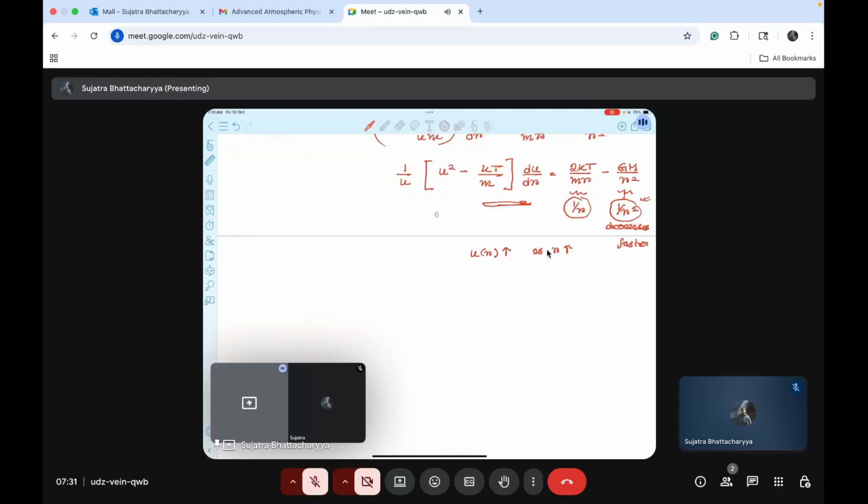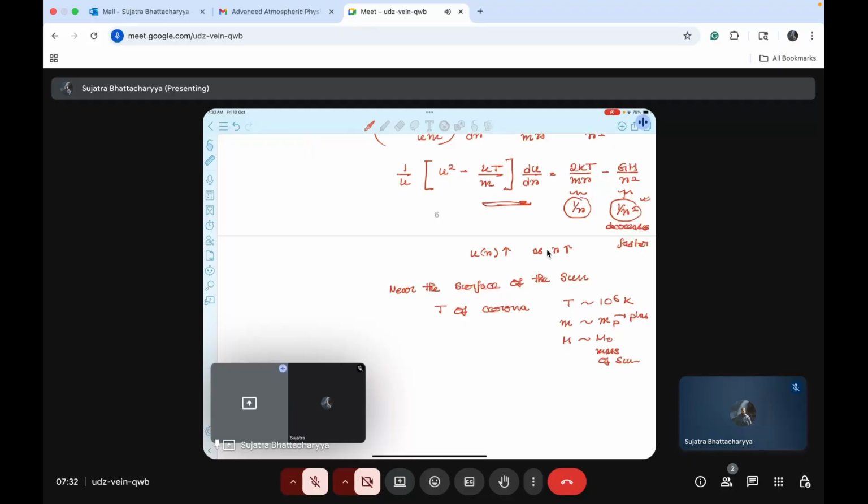So near the surface of the sun, that is the base of the corona, T of corona is roughly of the order of 10 to the power 6 Kelvin, and m is the mass of the plasma, and capital M is M naught, which is the mass of the sun. These have already been defined.